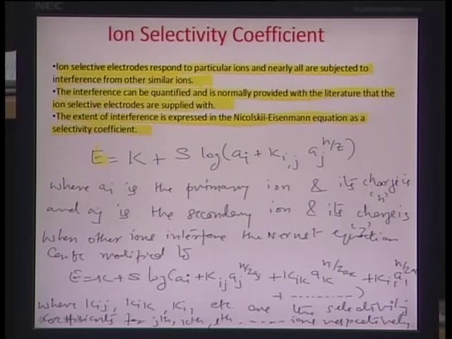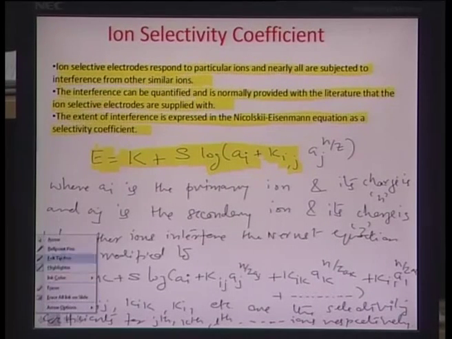So, the EMF given out by a solution which has more than one ion, one ion of interest and the remaining interfering ions, can be written as K plus S log of Ai, which is the activity of the primary ion of interest, plus Kij, which is called the ion selectivity coefficient.